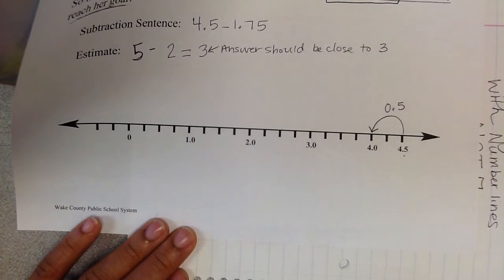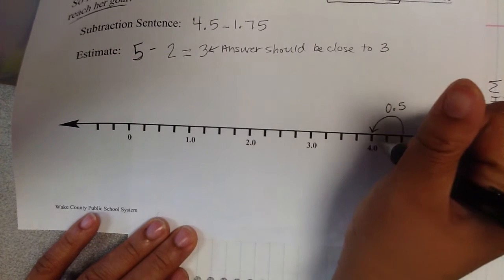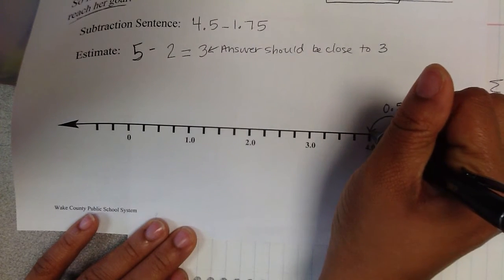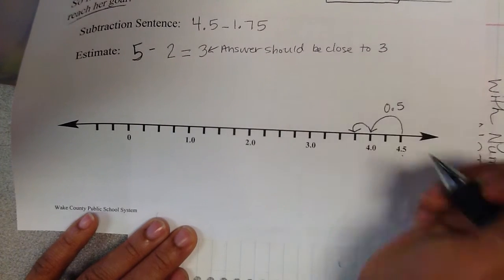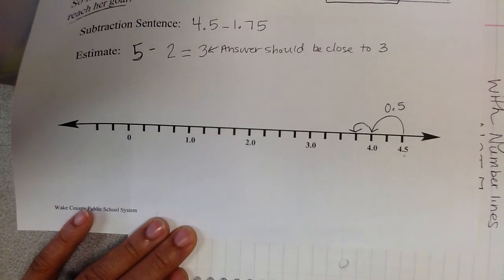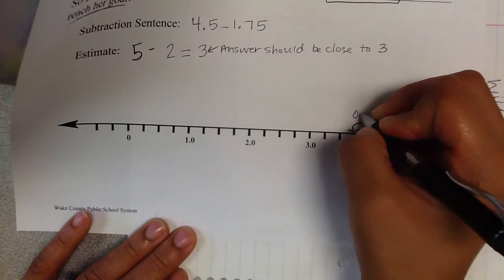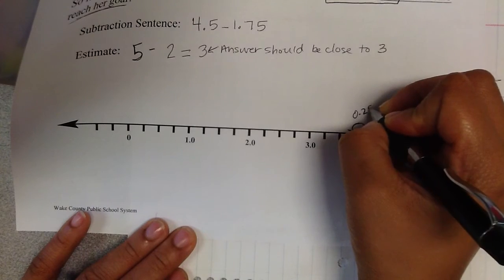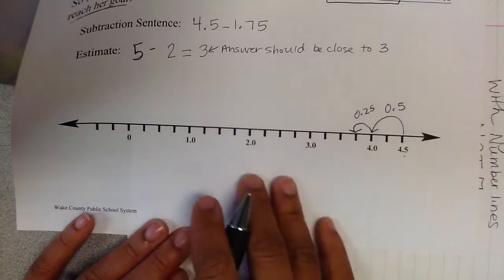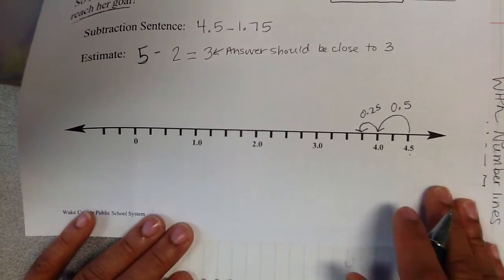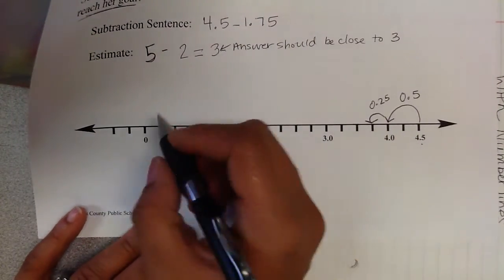Now, if I go back from 4 wholes to this next line right beside it, then that means I've taken away 0 and 25 hundredths at that point, because this number line is counting by 25 hundredths at a time.